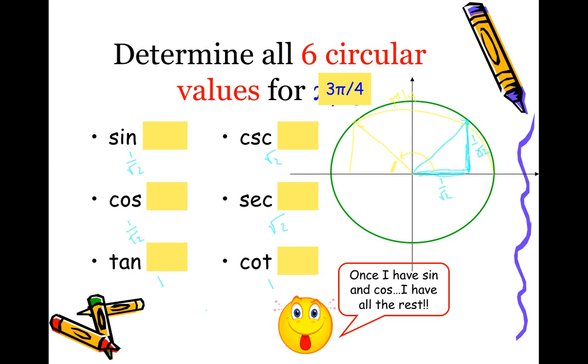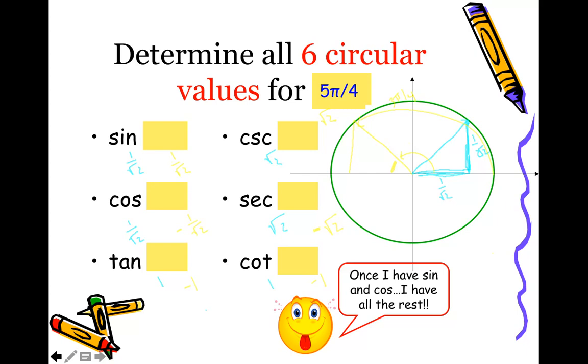It's just the reflection. So my sine is still 1 over root 2, my cosecant is still root 2, but my cosine is going to be negative 1 over root 2, so my secant is going to be negative root 2. Tangent's going to be negative 1, and cotangent will be negative 1. So it's just in radians as opposed to degrees there.